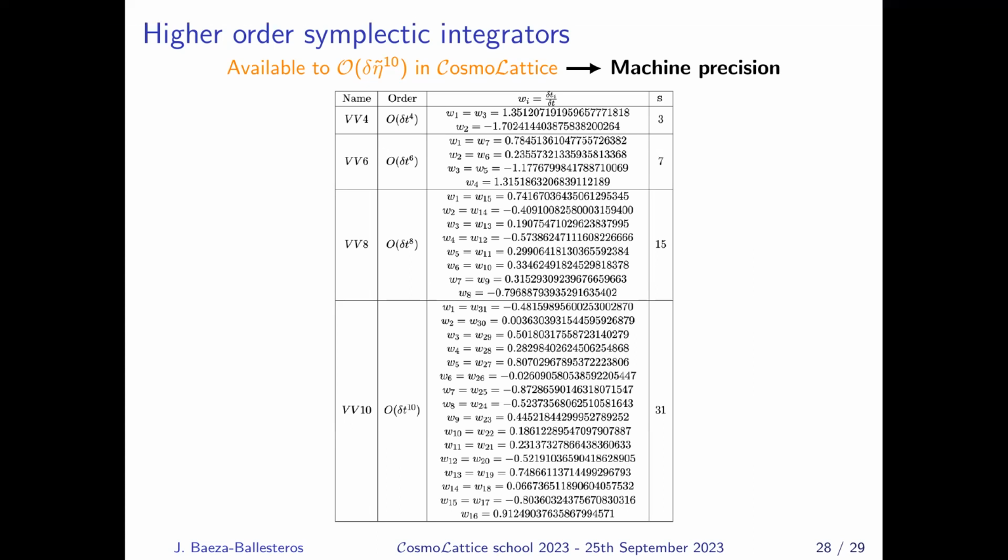But they allow you, by wisely choosing some intermediate steps, to obtain very large precision. And this was the last method I was going to cover. So if you have any question, you can ask it.